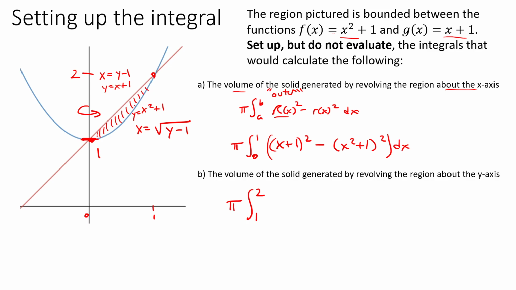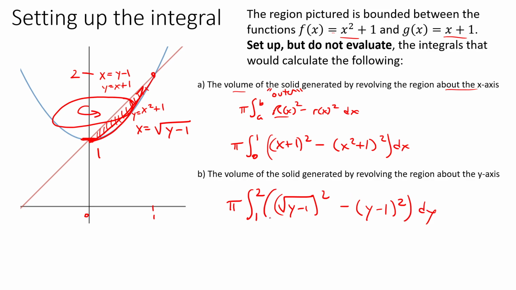If we rotate in this direction, think about it, the parabola is going to be further away from the axis of rotation. So now the parabola becomes my outer function, or outer radius rather. And that's my setup.